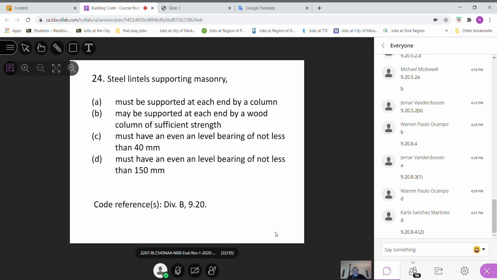Again, wood beams and steel beams. Steel beams supported on masonry must be supported at each end by a wood column of sufficient strength, and must have an even and level bearing of not less than 150.